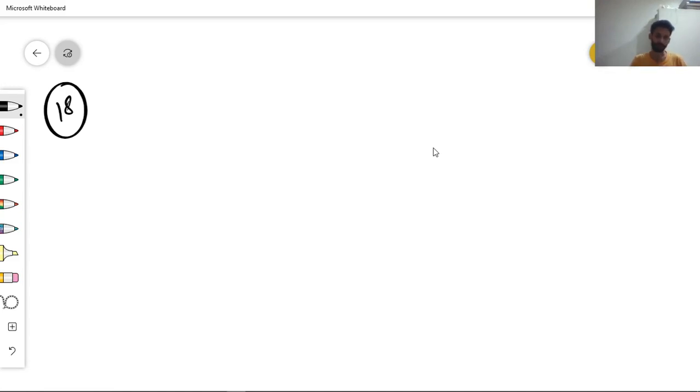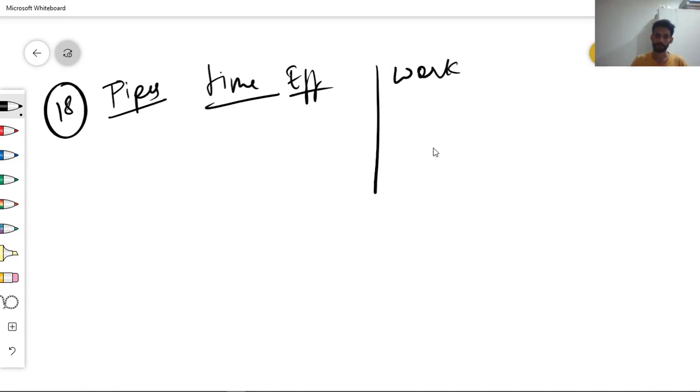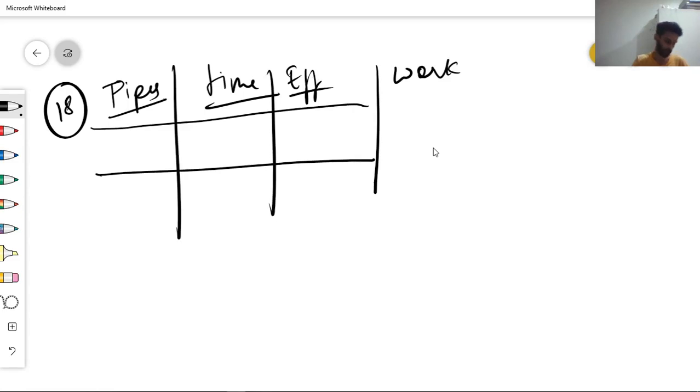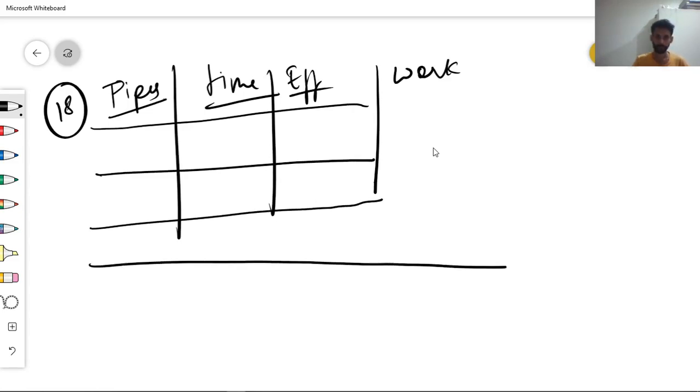So here this pipes, time, efficiency and work. A, B, C. Time taken are 5 hours, 6 hours and 12 hours.